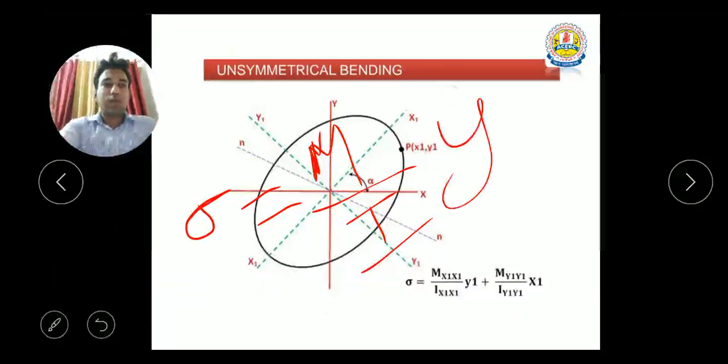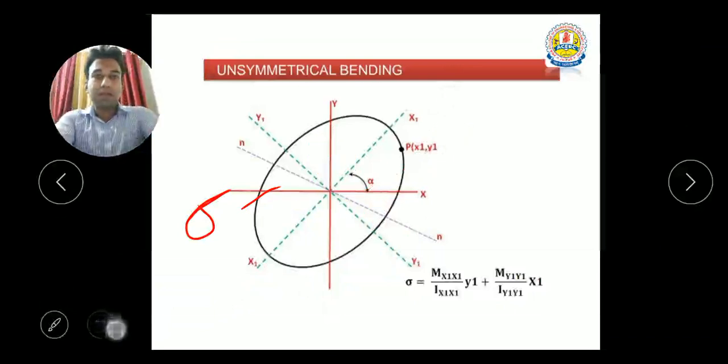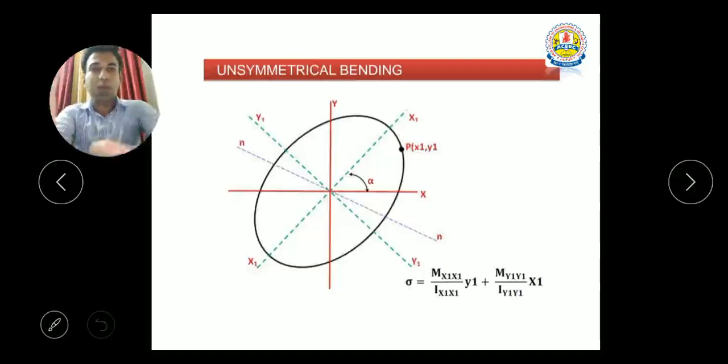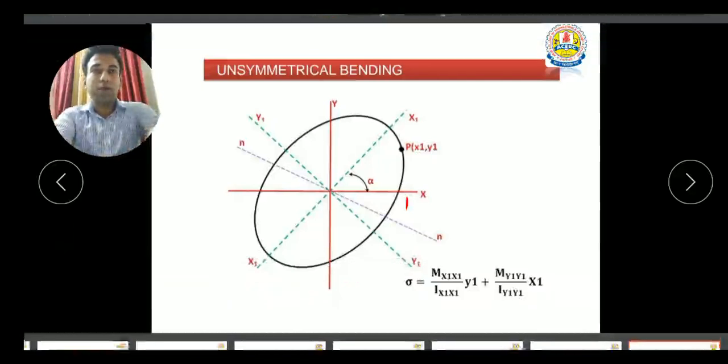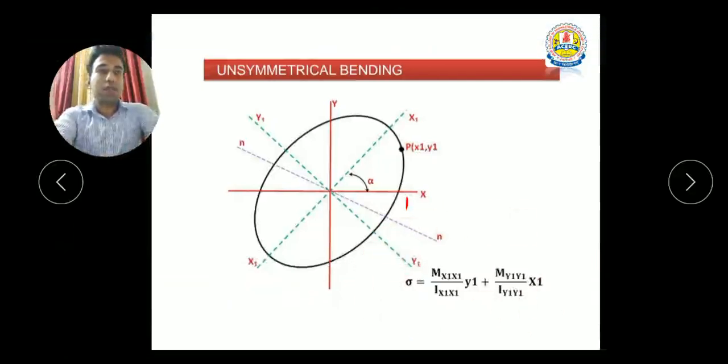When we calculate this, finally we get the equation: sigma is equal to M x1 divided by I x1 multiplied by y1, plus M y1 divided by I y1 multiplied by x1. So this is all for the introduction to unsymmetrical bending.